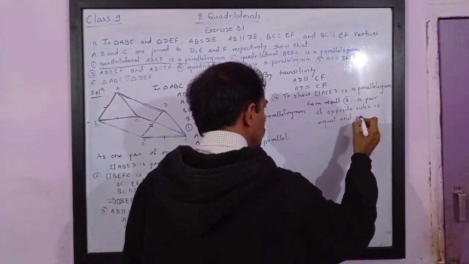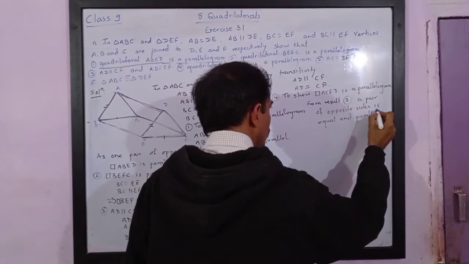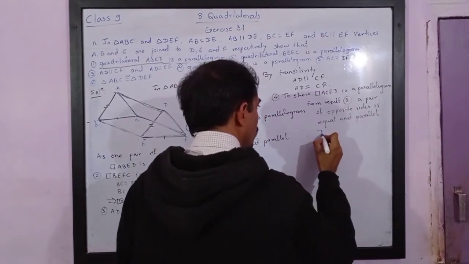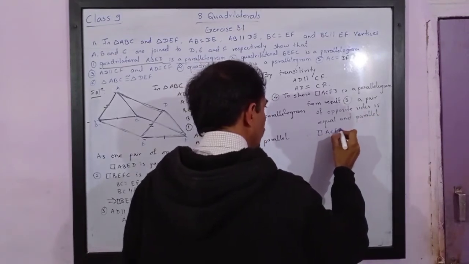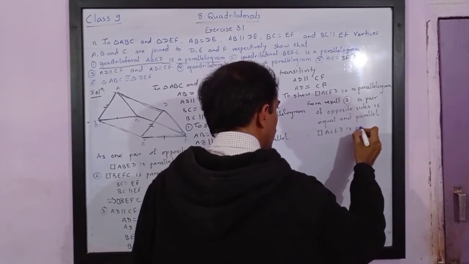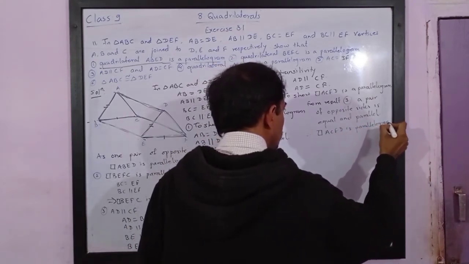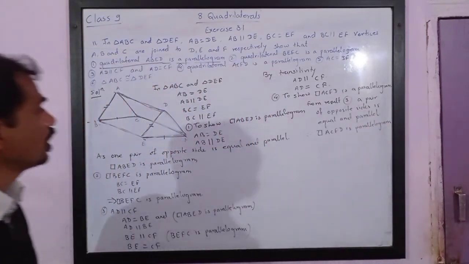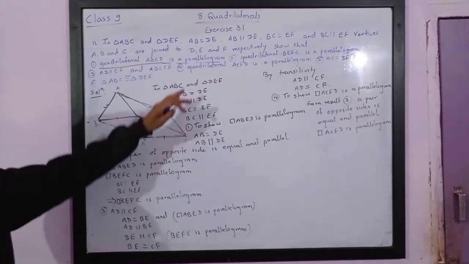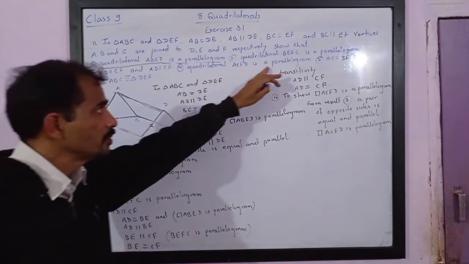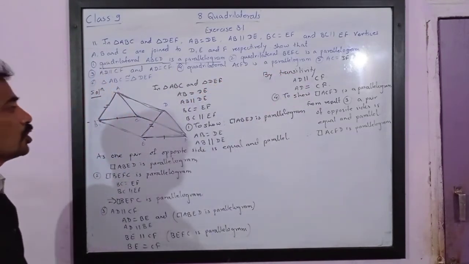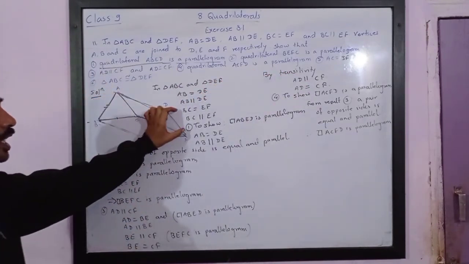Therefore quadrilateral ACFD is a parallelogram. We have got quadrilateral ACFD as a parallelogram. That was only asked. Now next thing is we have to show that AC equals DF.